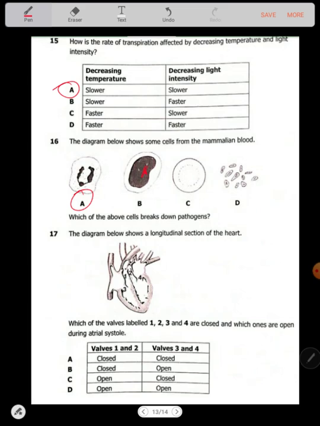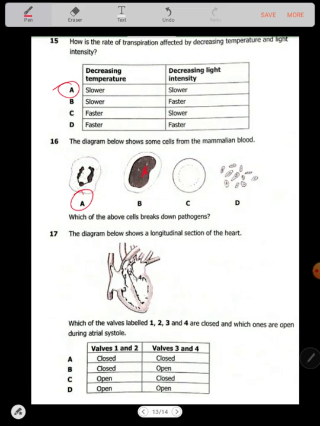Valve 1 and 2. So blood is coming out like that. So valve 1 must close. If valve 1 is closed, it's preventing the backflow of blood into this chamber of the heart, which is the right atrium. 2 should also close.